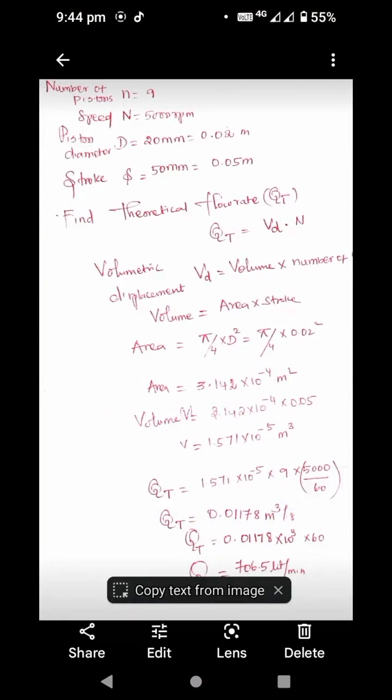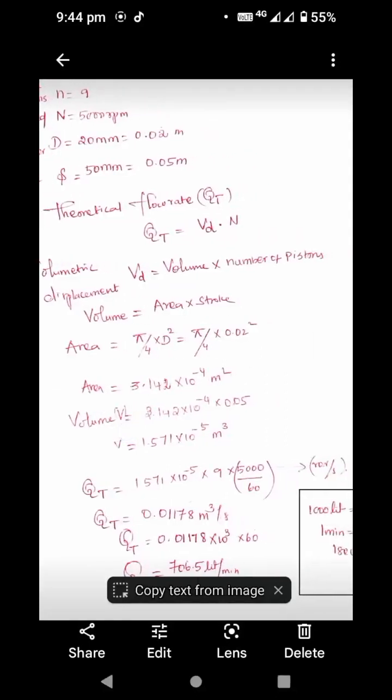Check out the answer. The number of pistons, small n, is equal to 9, speed capital N is equal to 5000 rpm, piston diameter is equal to 20 mm. We convert the value to meter. Stroke length is equal to 50 mm. Convert the value to meter. And we have to find the theoretical flow rate QT, which is equal to VD into N. VD means volumetric displacement or displacement volume, which is equal to the actual volume into the number of pistons.